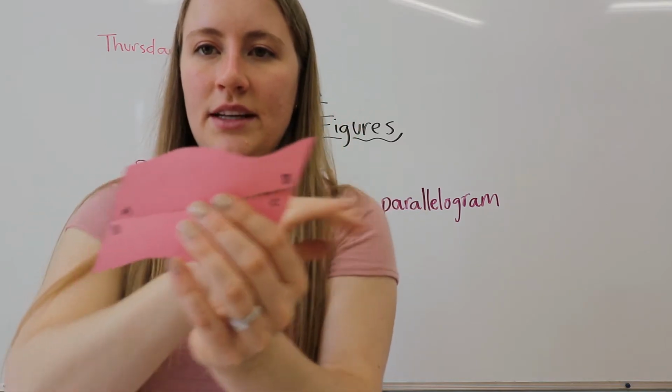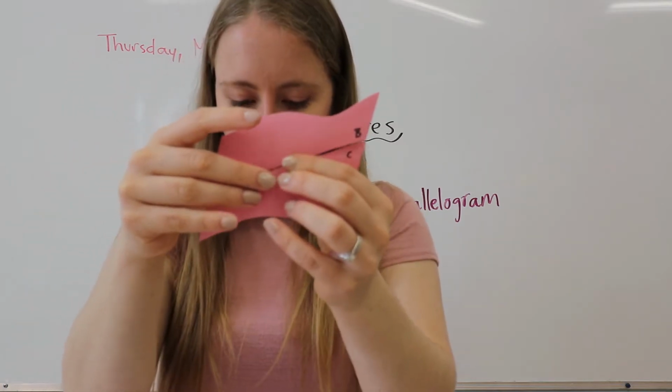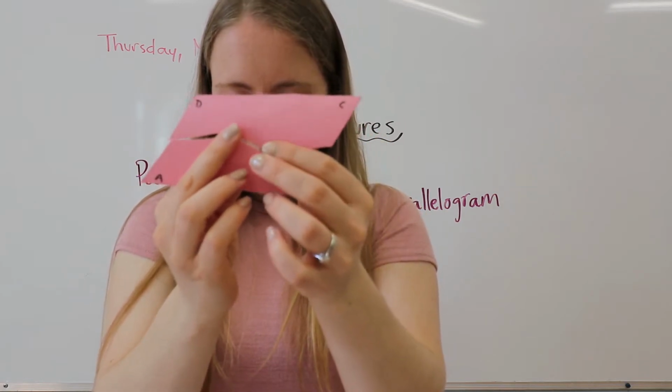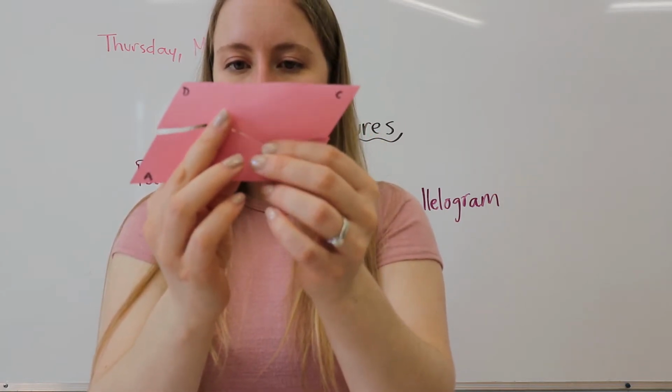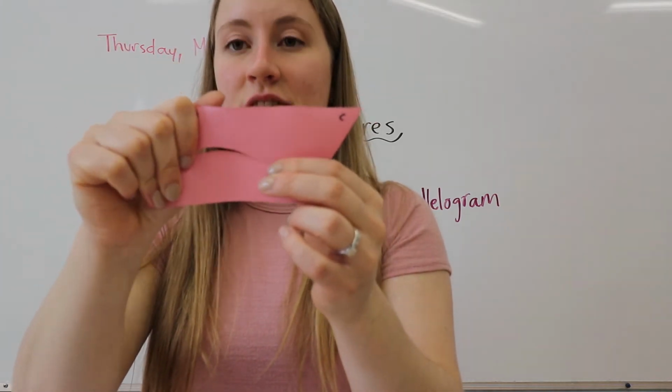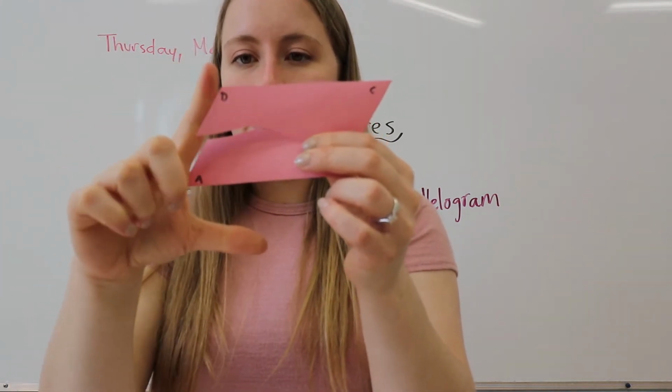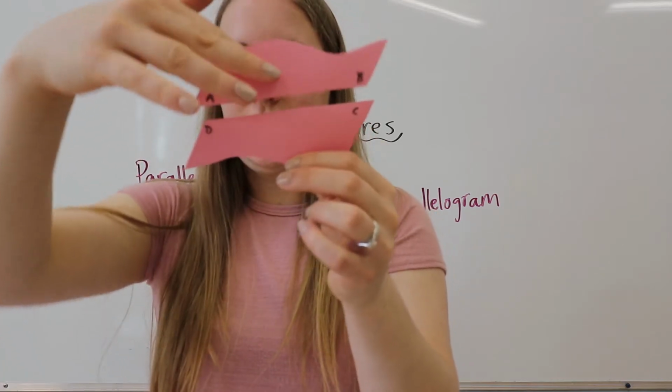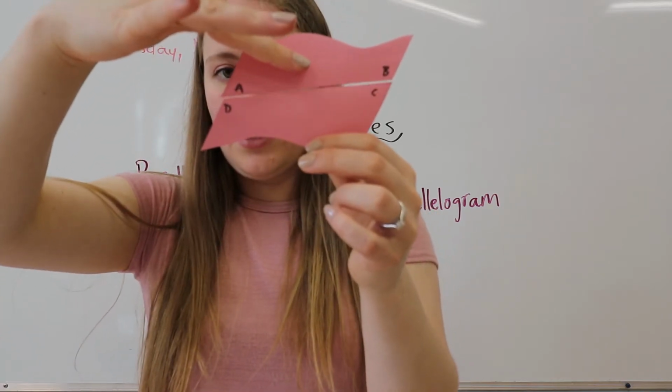So A and D and B and C equal a straight line. That's telling us that the pair of angles between two parallel sides add up to 180 degrees. So A and D together add up to 180 degrees. We saw that because when you flip them, it forms a straight line.